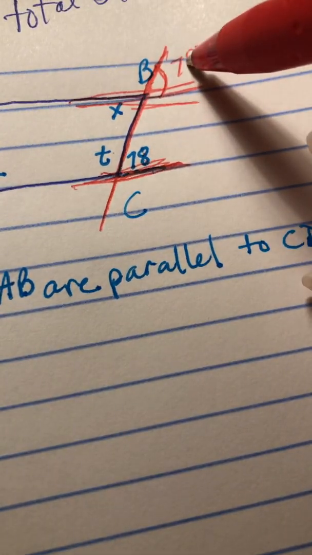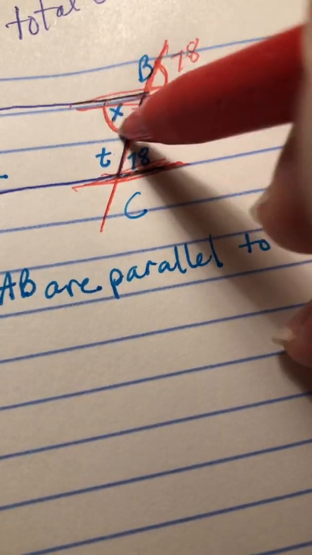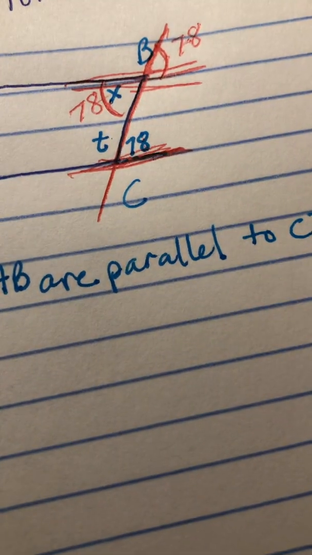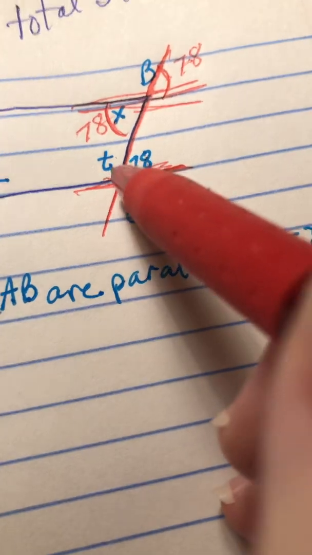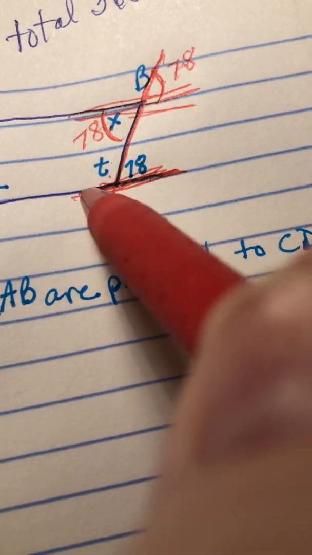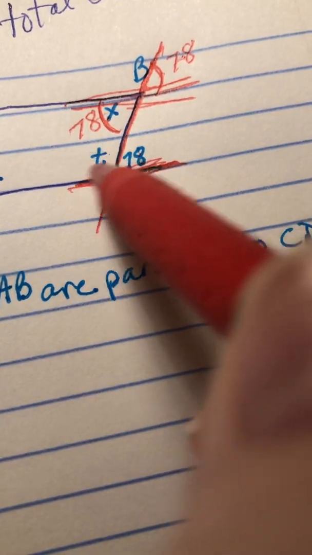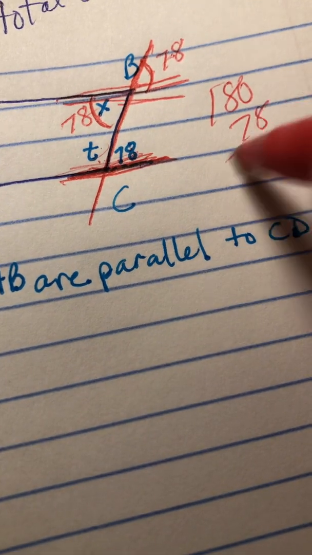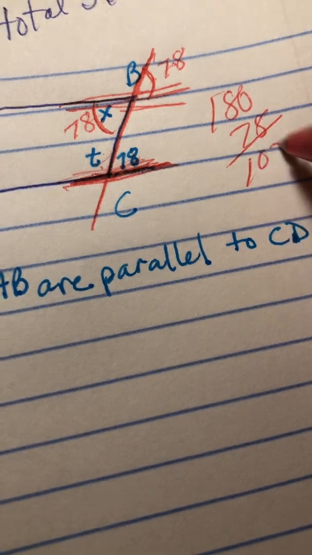And if this is 78, then this is 78 because they're nose to nose. So x is 78. We can also find t because these two together, the 78 and t, have to form the straight line of 180. So 180 minus 78 gives us 102. So now we know t is 102.